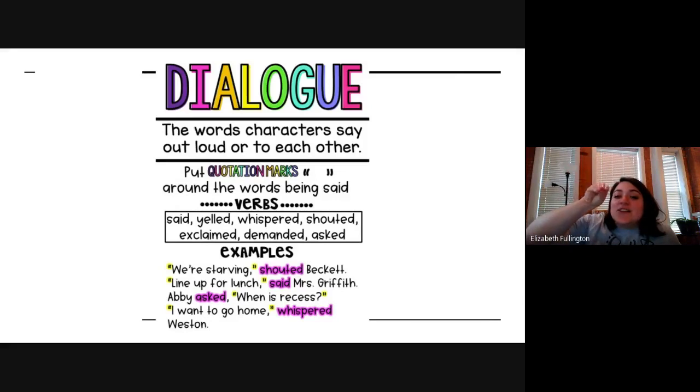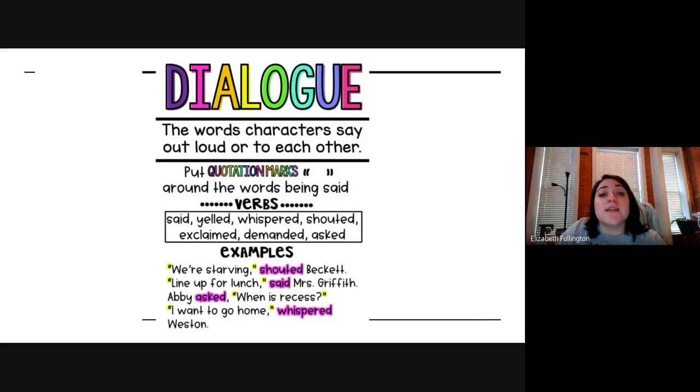So you know that the character is talking in dialogue, right? So it says here, the words characters say out loud or to each other. So put quotation marks around the words being said. So when the character is talking in the story, you're going to notice the quotation marks, and that tells us that the character is talking in the story. So the quotation marks are very important.